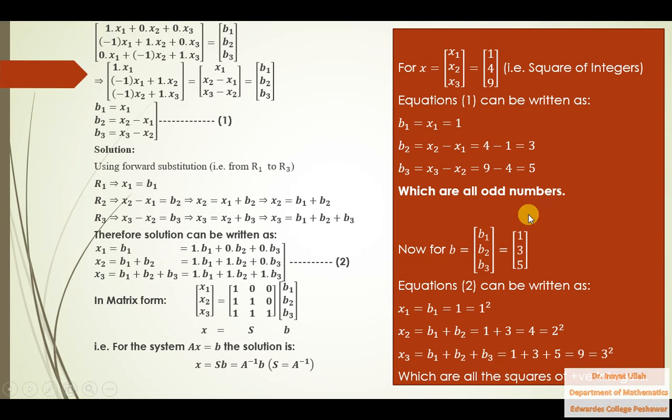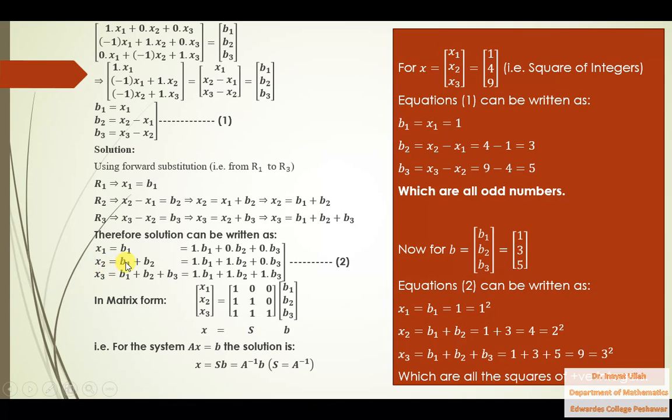Anyways, for example, if b is those odd integers 1, 3, 5, and you want to check what the solution x1, x2, x3 will be, put b1 equal to 1, b2 equal to 3, b3 equal to 5 in equation 2. x1 is equal to b1, and b1 is 1, which can be written as 1 square.